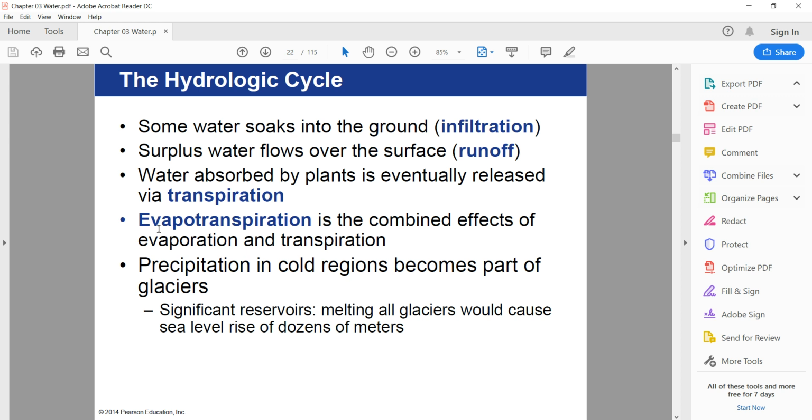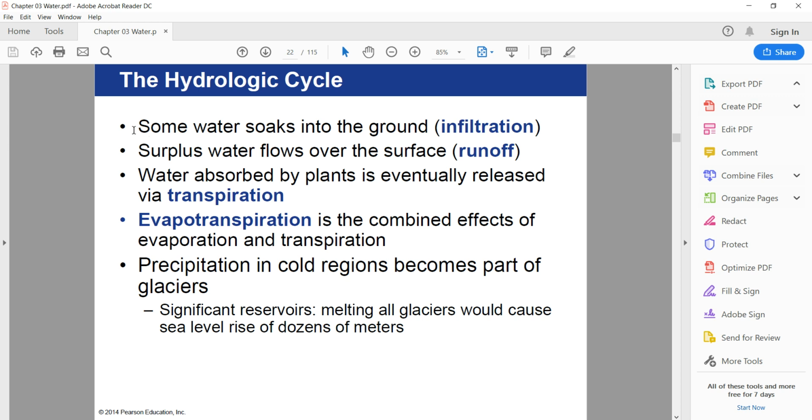And evaporation is also another process that the plants go through. So they have two distinct processes, evaporation and transpiration, by which they release water back into the atmosphere. The two terms together are called evapotranspiration, and it is only applicable to plant mass. It does not apply to humans or animals.